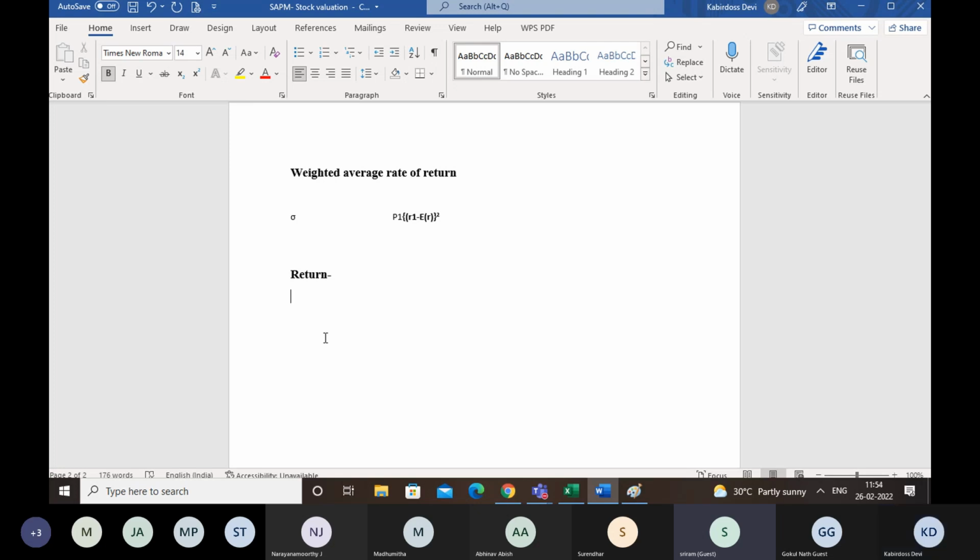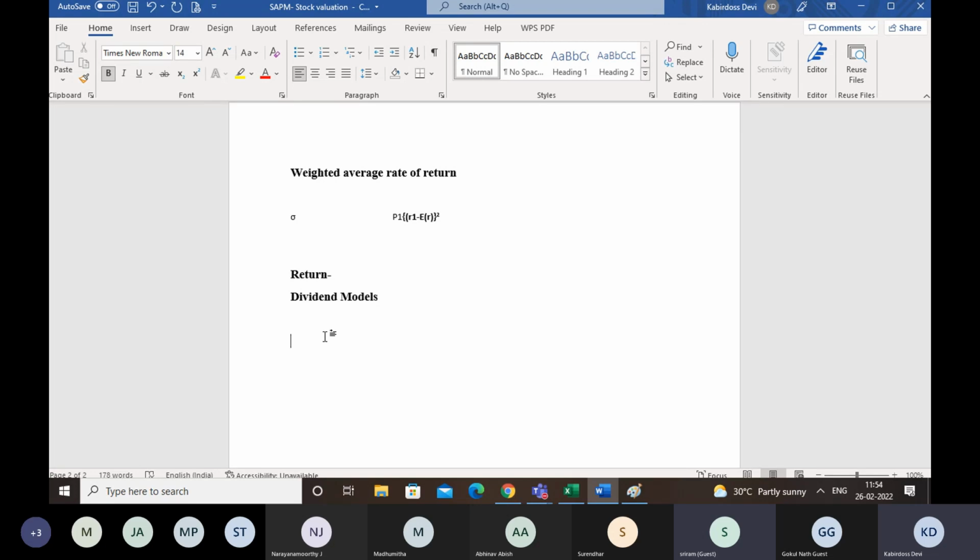Now coming back to the return, there are certain dividend models, right? Based on dividend models we calculate, and there are certain formulas involved when we are doing the dividend discount models. This model has a single period model and a multi period model.